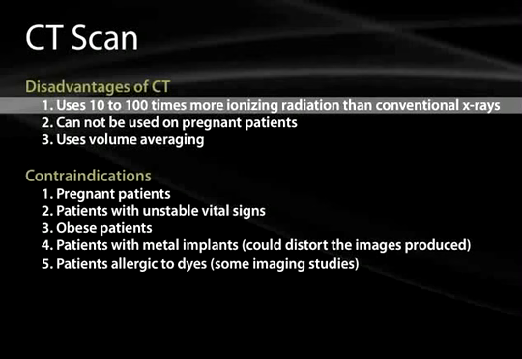In fact, it uses a lot more ionizing radiation than a simple plain film, anywhere from 10 to 100 times more radiation, depending on the number of slices and how much of your body's exposed, etc. So these are serious patient risk assumptions that we need to make clear to them, and it's also a moral and ethical issue, because if we don't inform patients of why there's some inherent risk with this kind of technology and we're only doing them because we don't want to get sued, a lot of times you're actually exposing someone to harm, and that's of course against our Hippocratic oath.